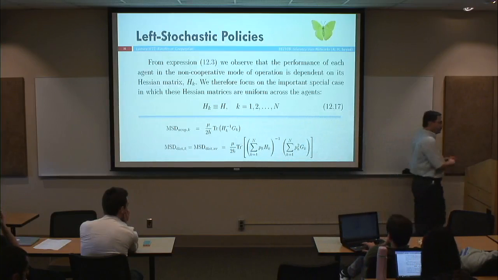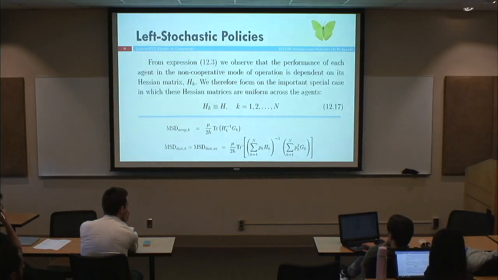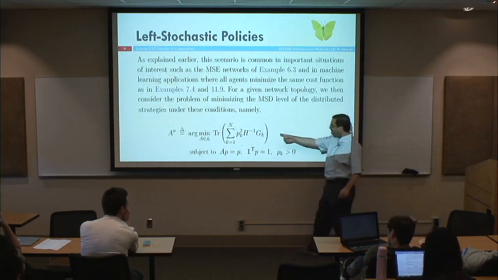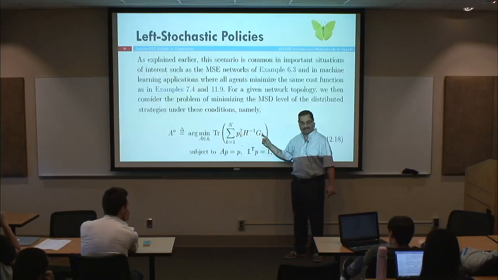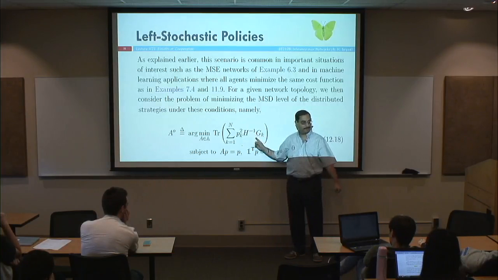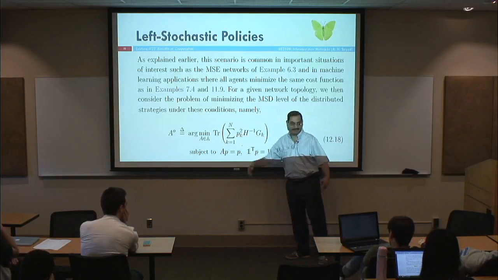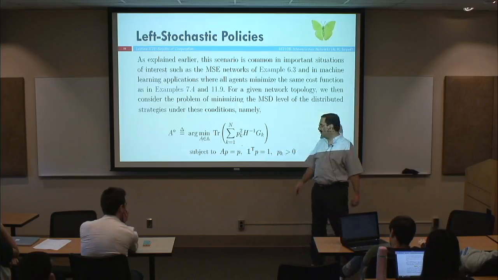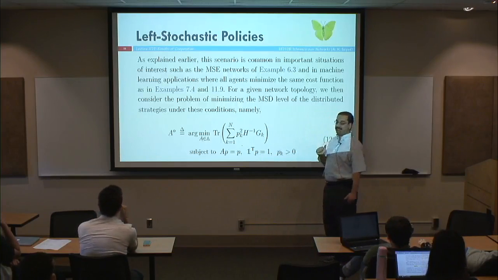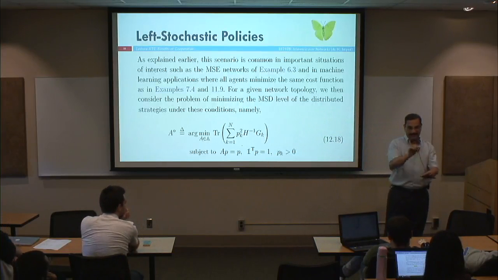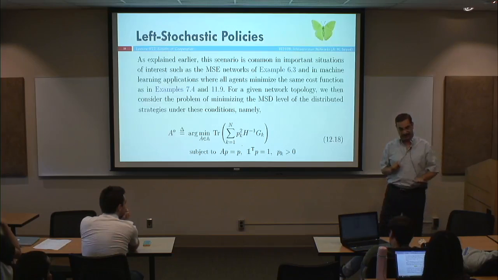Okay. So now I would like to formulate the following optimization problem. This is my problem. This is the performance at every single agent, right? This sum. Of course, I removed the scaling factor. It doesn't matter, right? Okay. So now I'm asking myself this question. I'm given the topology. I would like to pick an A. I would like to pick what coefficients, weights to put on the edges, right?